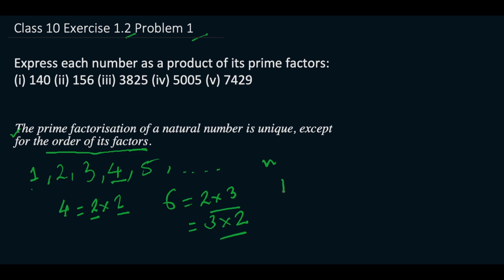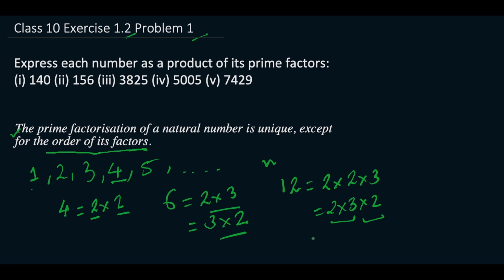Now let us take 12. What is the factorization? It is 4 into 3, which is nothing but 2 into 2 into 3. If you write it as 2 into 3 into 2, it does not matter because the prime factorization is unique. Whatever you multiply here, you will get 12.